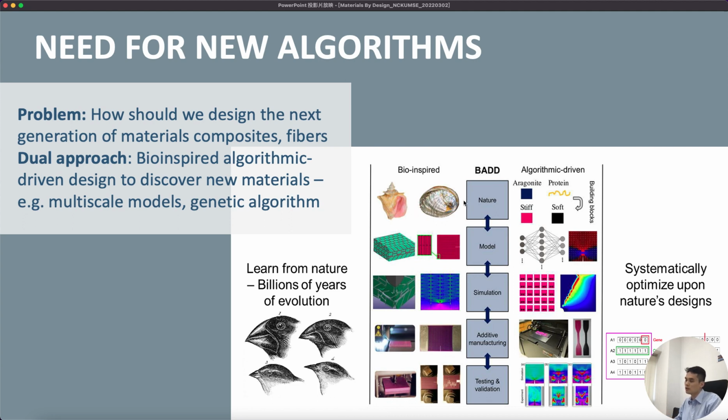They have very similar compositions, with calcium carbonate, but now you can see it's very tough with only 0.5% of the anchor proteins. The secret behind it is what we can learn. So we call it bioinspired, algorithm-driven design to discover new materials, like multi-scale modeling or genetic algorithm.